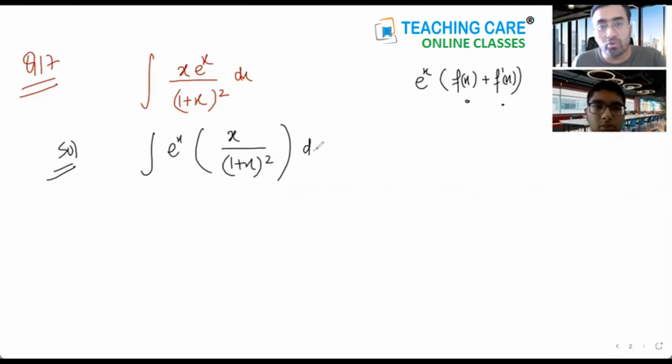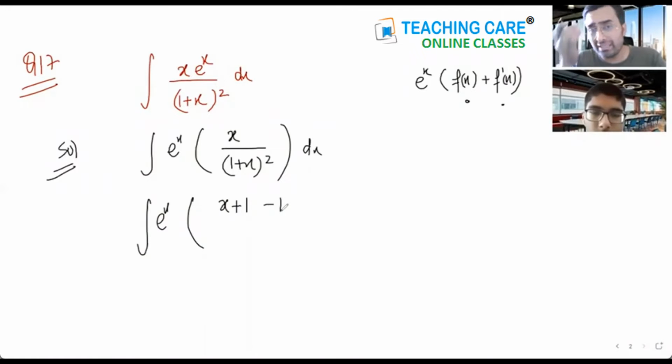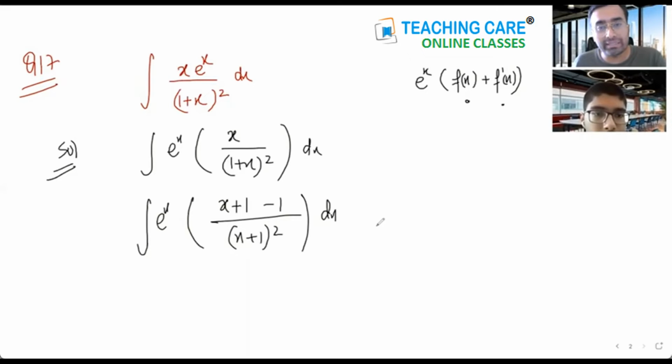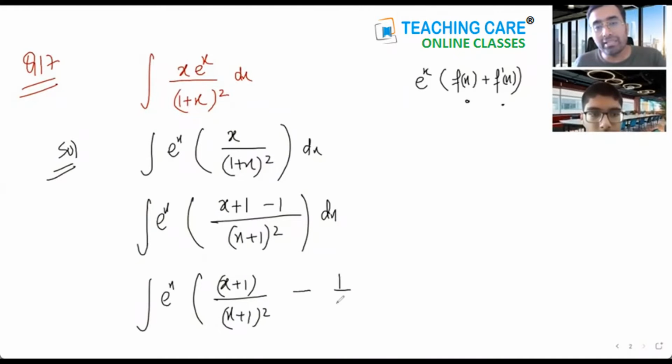If I write the solution, it is e raised to the power x, and now this is x over (1 plus x) whole square. So for here, e raised to the power x is fine. We can write x plus 1 minus 1 in the numerator. Is it fine? Yes, it's fine. And this is (x plus 1) whole square, and this is dx. So this is going to be e raised to the power x times [(x plus 1) over (x plus 1) whole square minus 1 over (x plus 1) whole square].